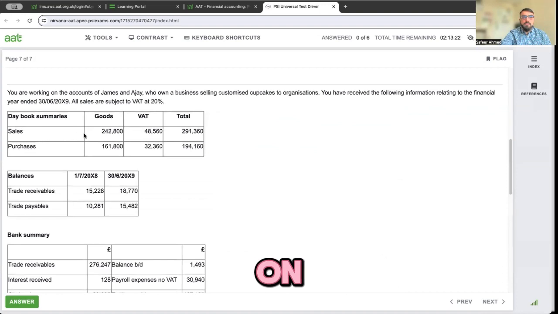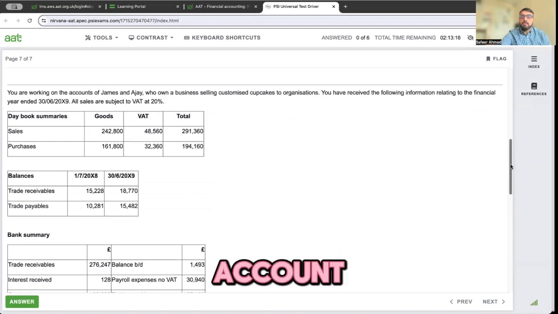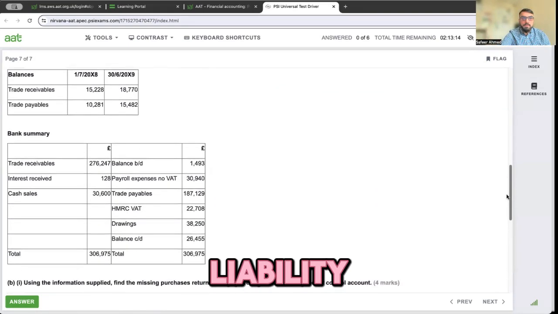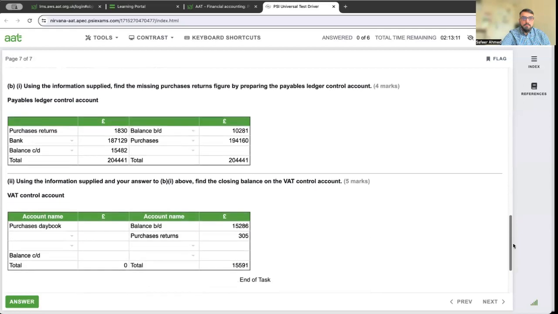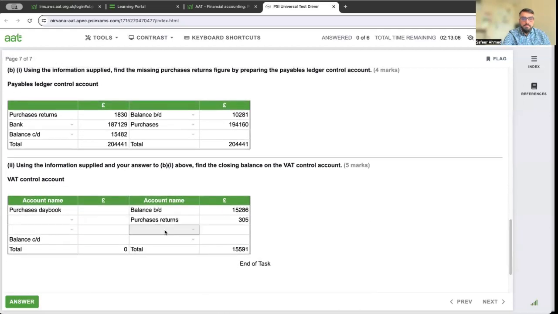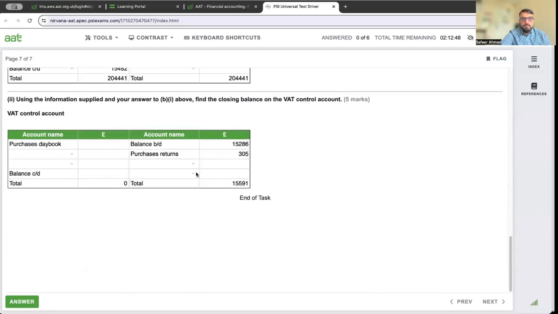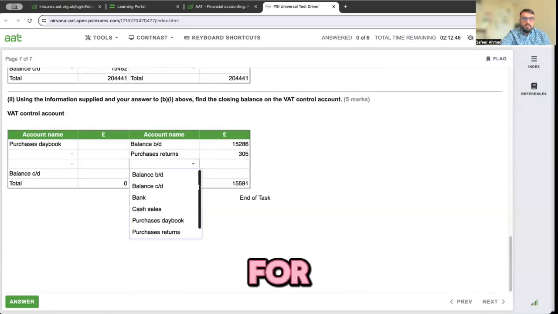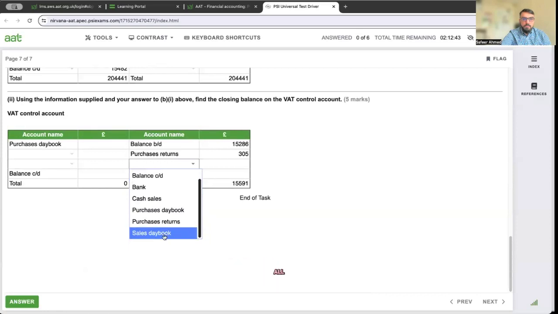So as you can see, VAT on sales, 48,560, will go on the credit side of the VAT control account. Why? Because it's a liability, increasing liability, credit. Sorry, I'm just looking for the sales day book, which is all the way down there.